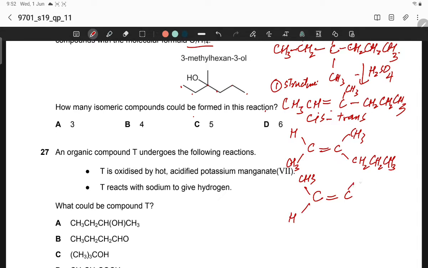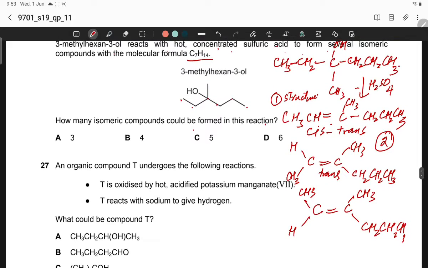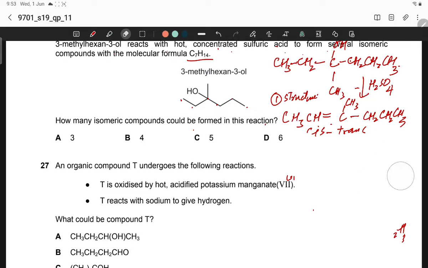CH3 cis trans and cis, CH2CH2CH3. So this structure exhibits 2 isomers over here, and there is another possibility.